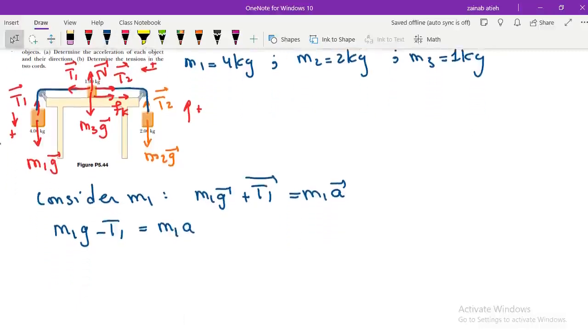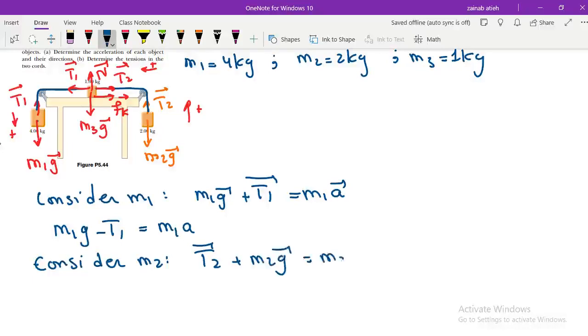Let me do system 2. So consider the system which is M2 alone. For M2 I have two forces acting on it, T2 plus M2G equals M2A. Notice I don't change the naming of A, all of them are A, because they are moving with the same acceleration.